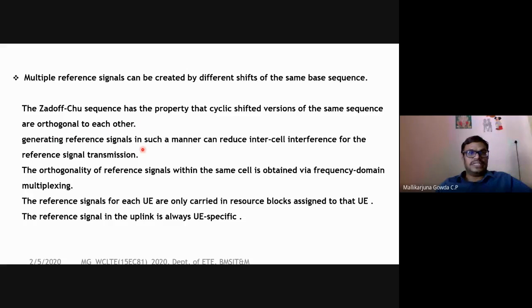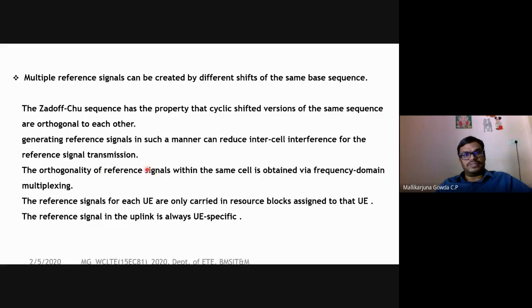So generating reference signals in such a manner can reduce the inter-cell interference for the reference signal transmission.